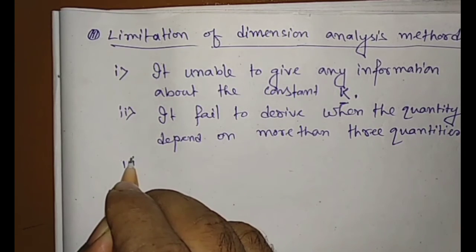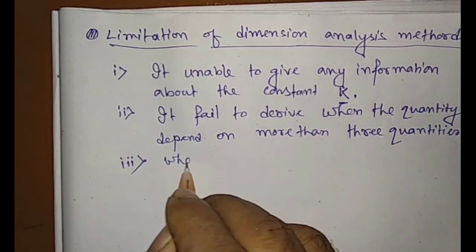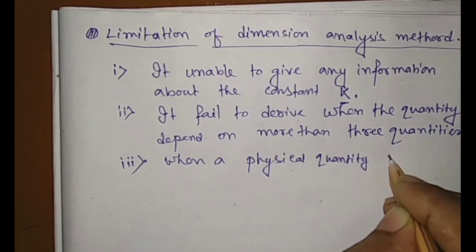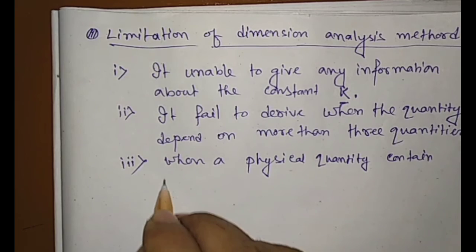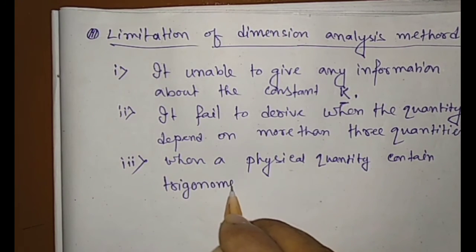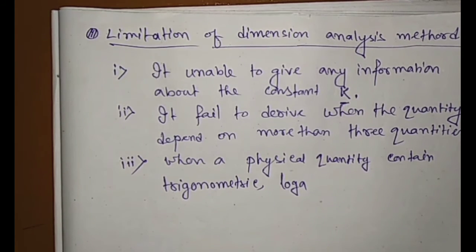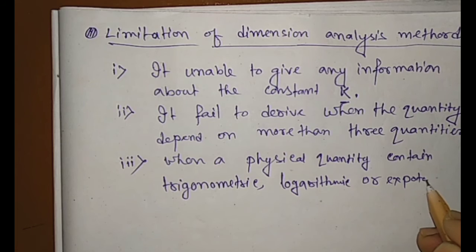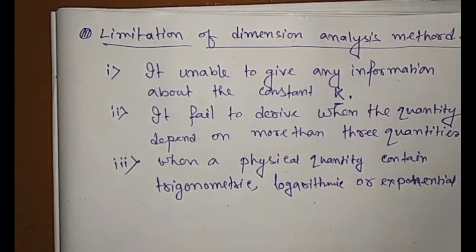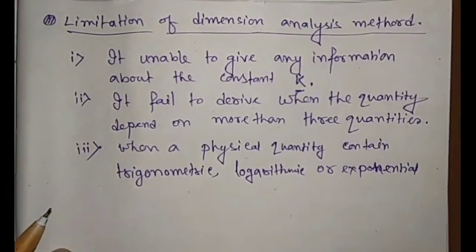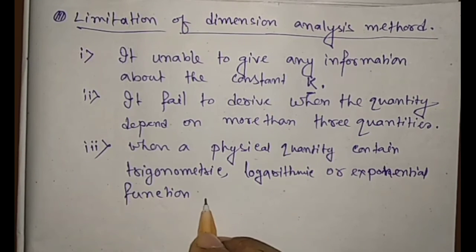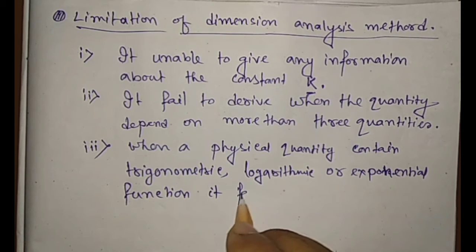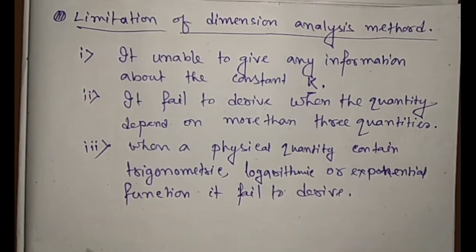Number 3, when a physical quantity contains a trigonometric, logarithmic or exponential function, it fails to derive.